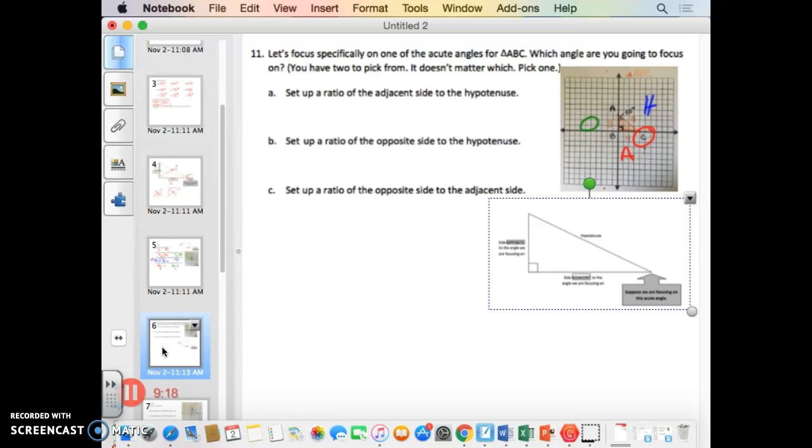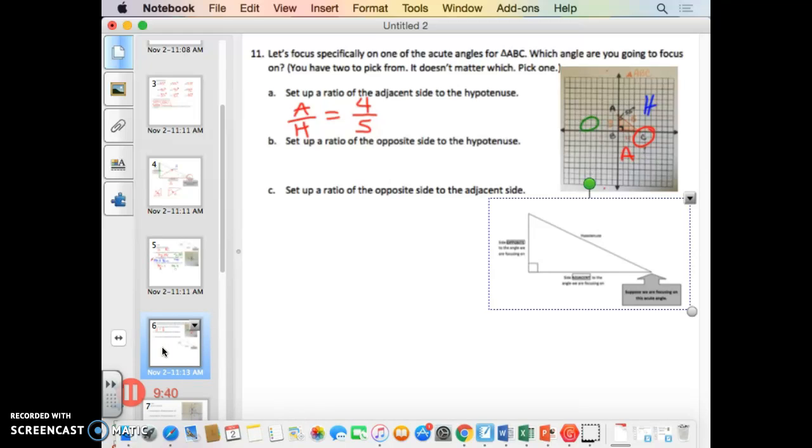So if I want to set up a ratio of the adjacent side to the hypotenuse, so I'm doing A over H. The ratio I would set up, remember a ratio is going to be written as a fraction. The ratio I'm going to be setting up is 4 over 5.